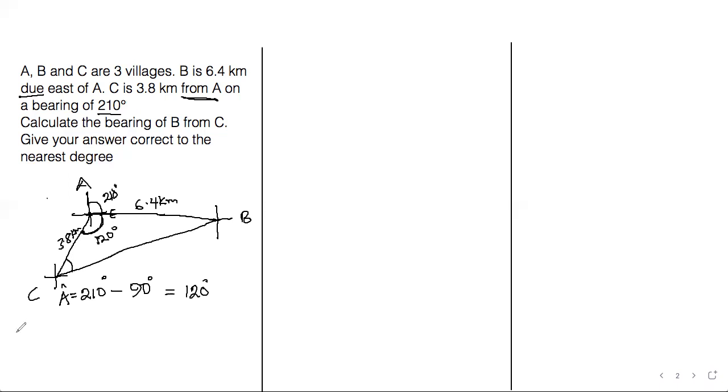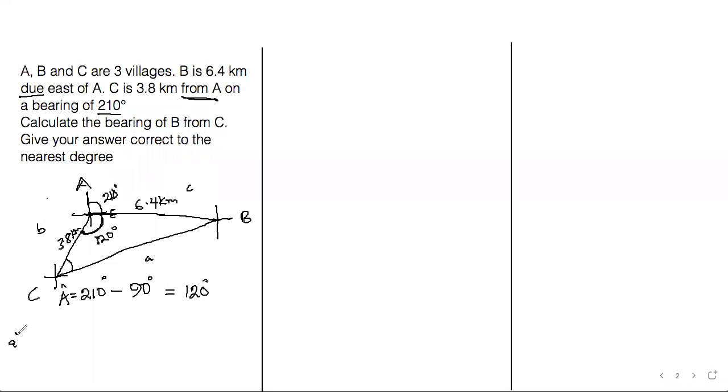So let's use cosine rule. Let me use small letters: this will be small a, this will be small b, and this will be small c.